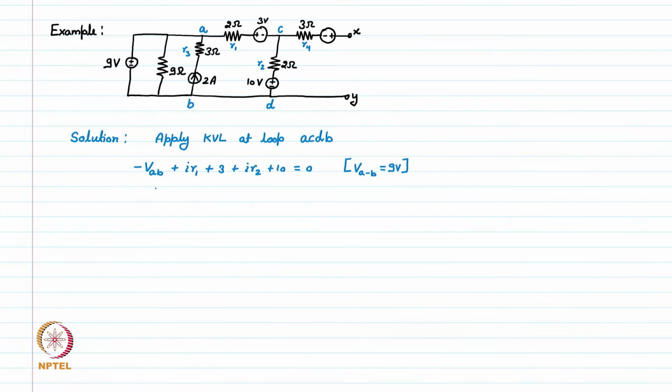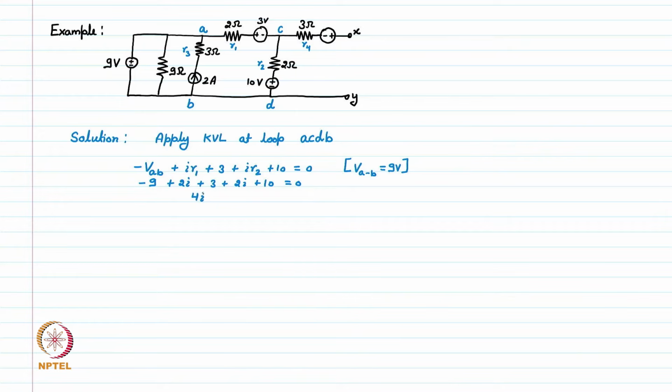So we can put this value together and we find minus 9 plus 2I plus 3 plus 2I plus 10 is equal to 0.